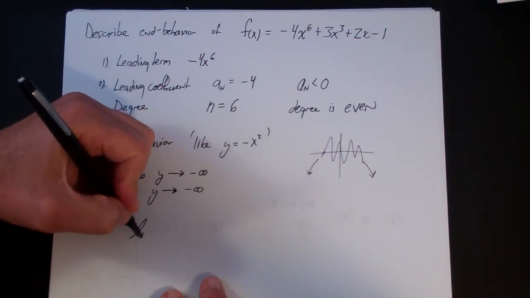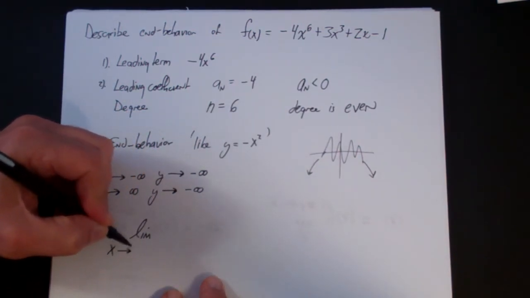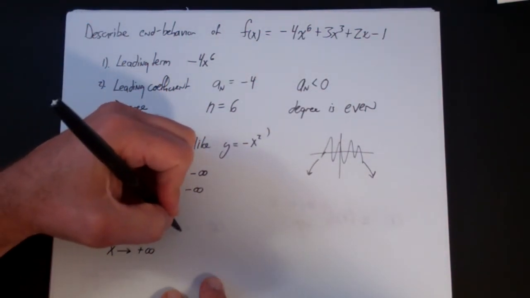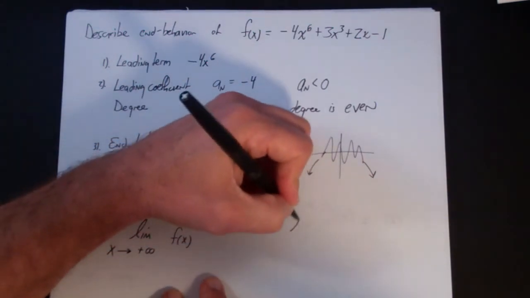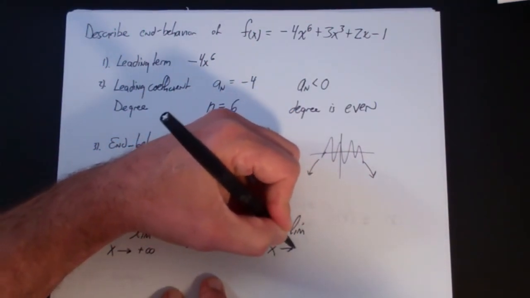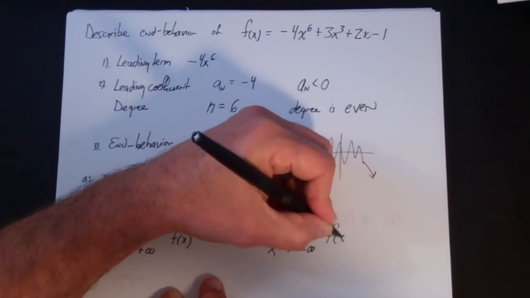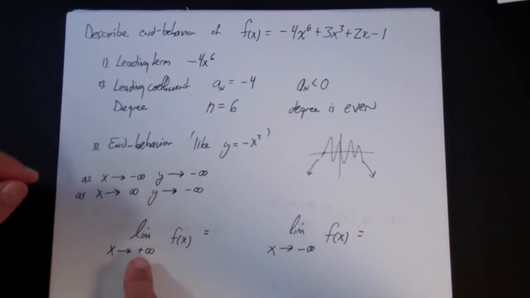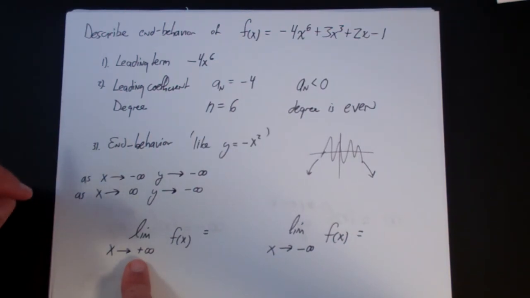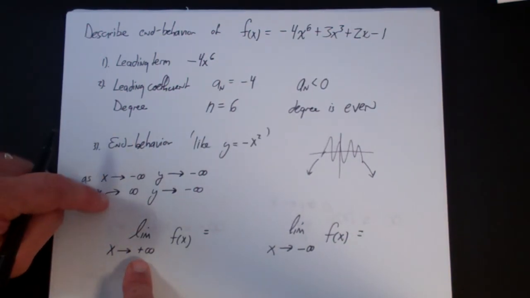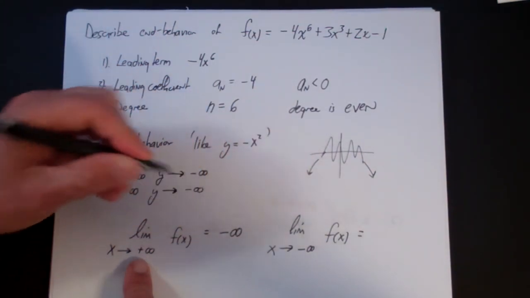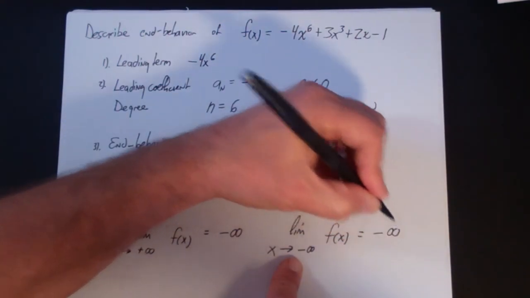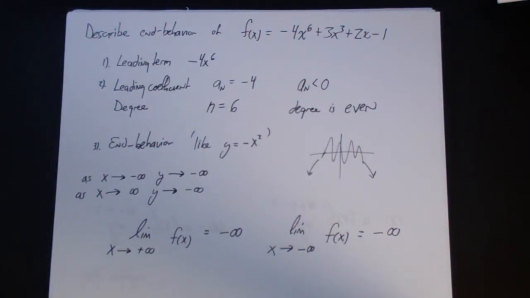If we write that in limit notation, we go limit as x goes to positive infinity of f of x, and the limit as x goes to minus infinity of f of x. Normally you wouldn't say positive infinity, you'd say infinity, but just to be careful, sometimes I do that. As x goes to positive infinity, it gets closer and closer to negative infinity. The limit of f of x as x goes to negative infinity is it also goes to negative infinity. And that's how you do end behavior.